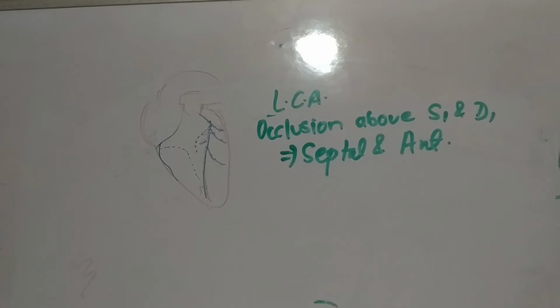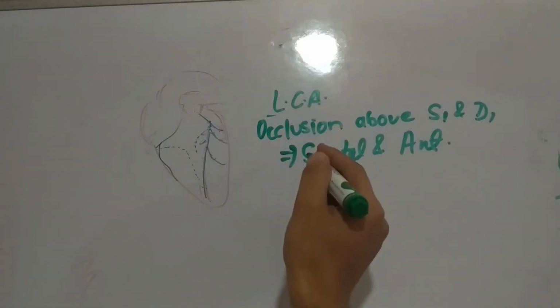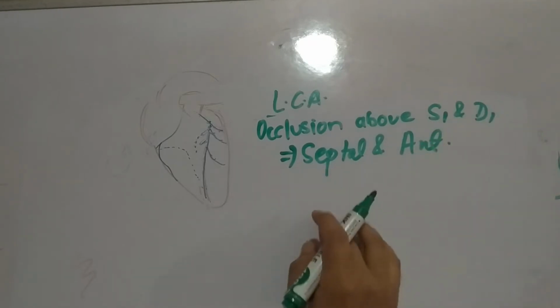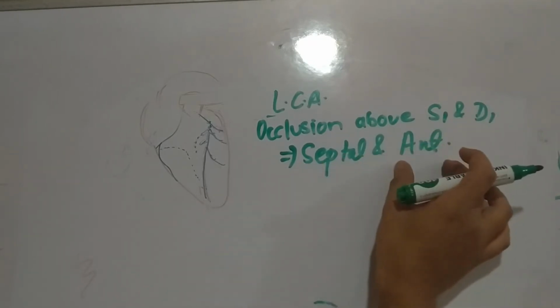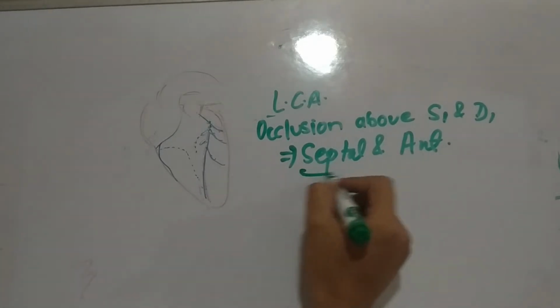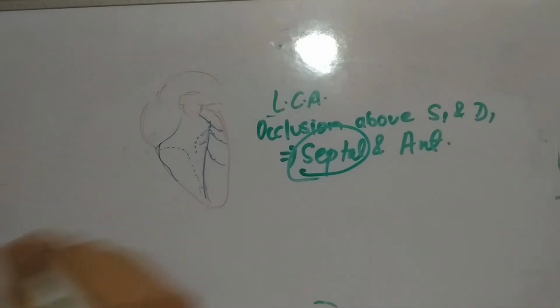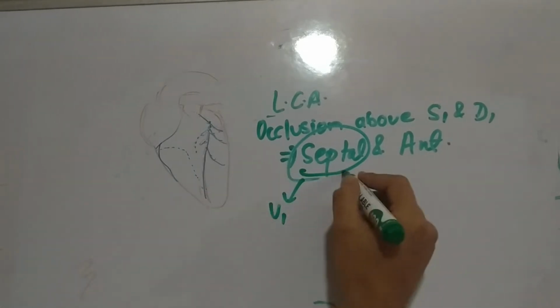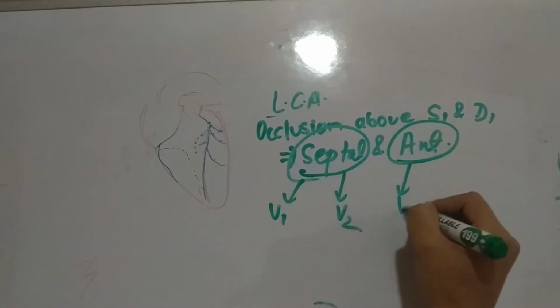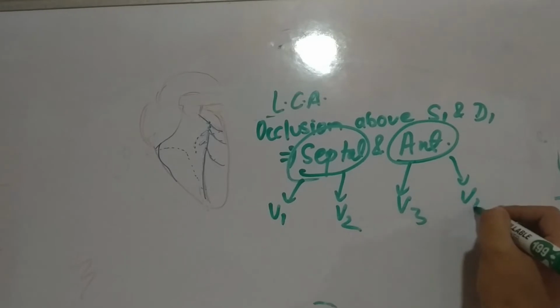So in case of MI, above the occlusion above S1 and D1, so in case of septal and anterior, okay, till now it's clear. Now we have already talked where to look in case of septal, B1 and B2. Where to look in case of anterior wall, B3, B4.